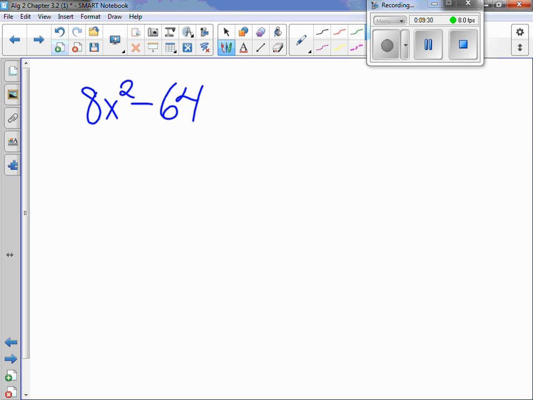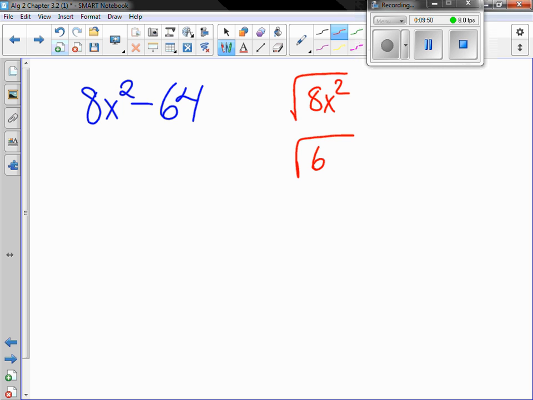Add that one to the bottom of the page. 8x squared minus 64. So we do have subtraction, yes? When you take away, so you're trying to get x squared, so you take away 8. Well, let's see what 8x squared, because what's the square root of 64?